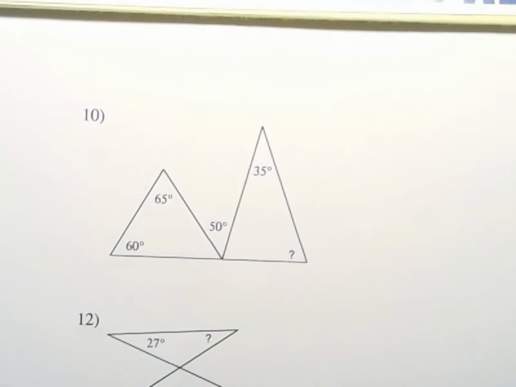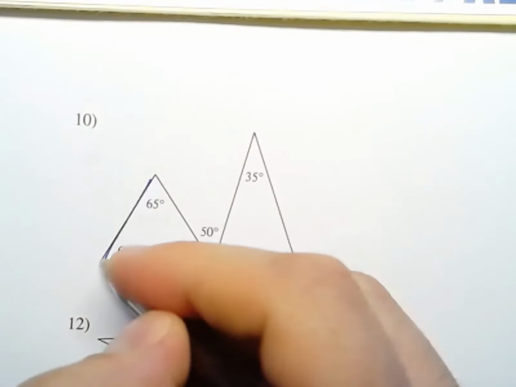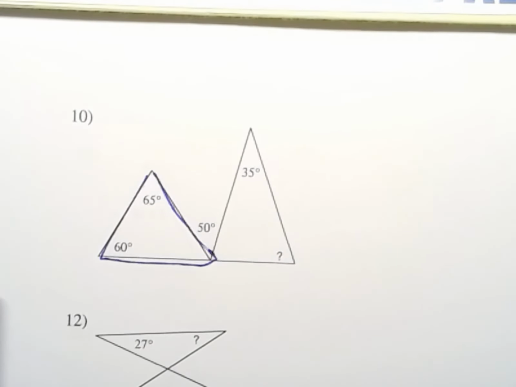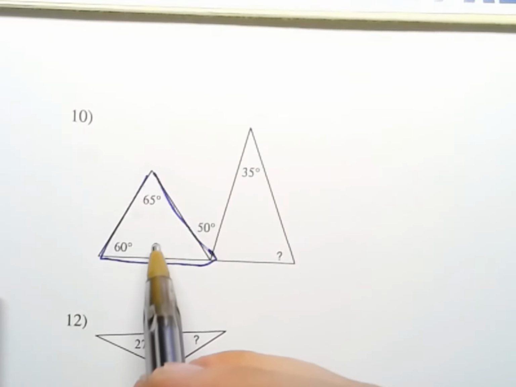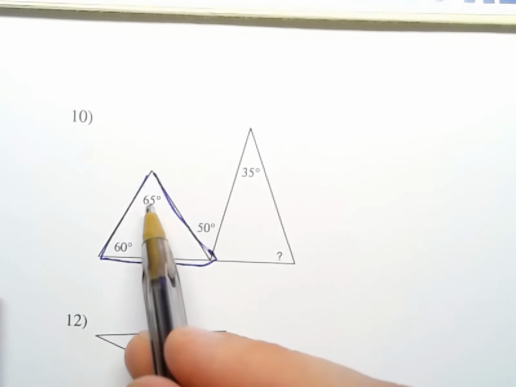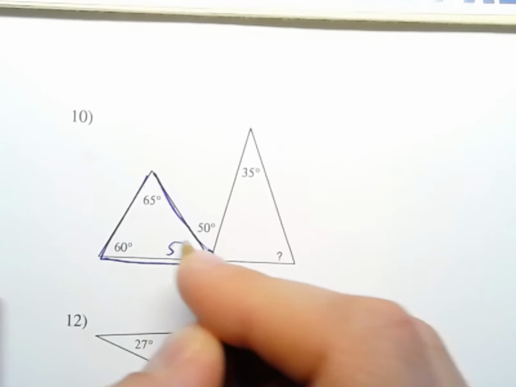60 and 65, I'm looking just at this triangle right here, right? If I already know the 60 and the 65, then the 180 that makes up the triangle minus this 125, do you see how that's 125, is going to give me 55 here.